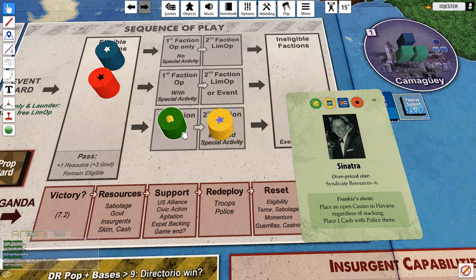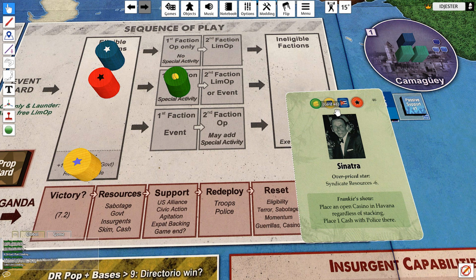So if the first player goes here, then the only thing the second player can do is go there. Same thing with all the other boxes. If the green player goes here, then the next player can only go to that spot or pass. Let's say yellow decides to pass, then it would go to blue. Blue can either go here or pass. That would leave it to red.